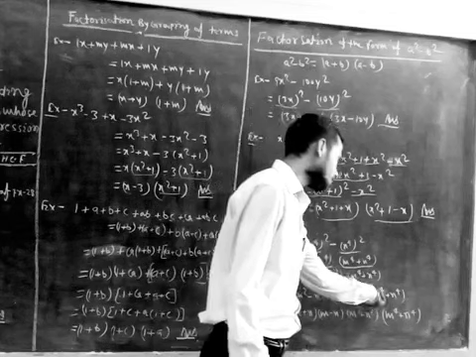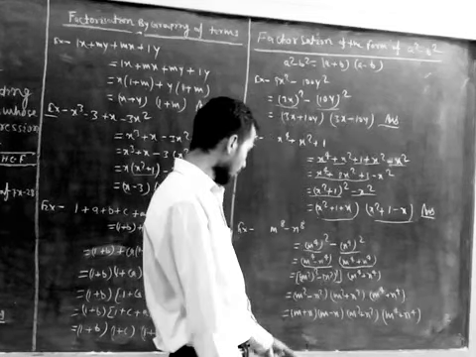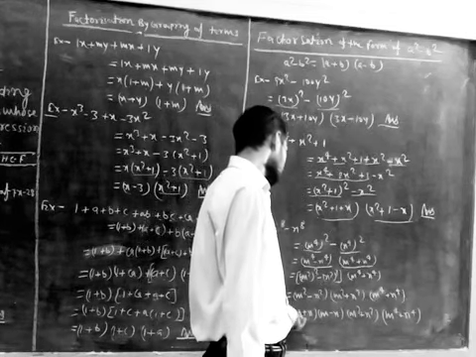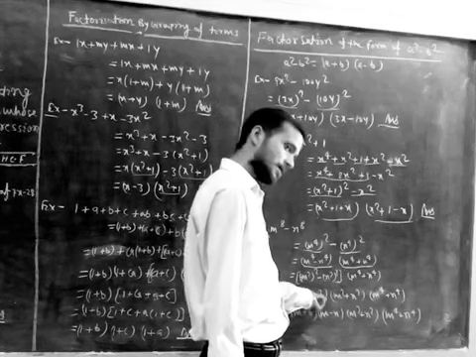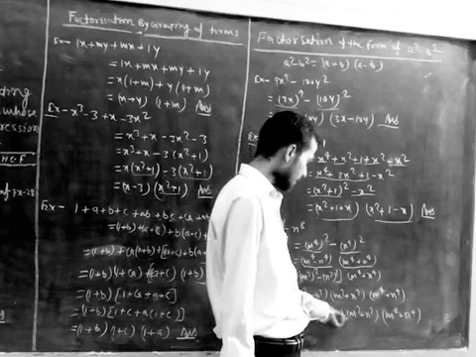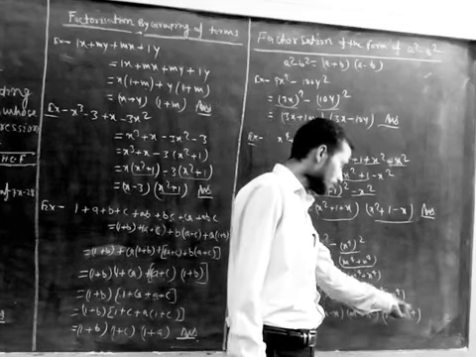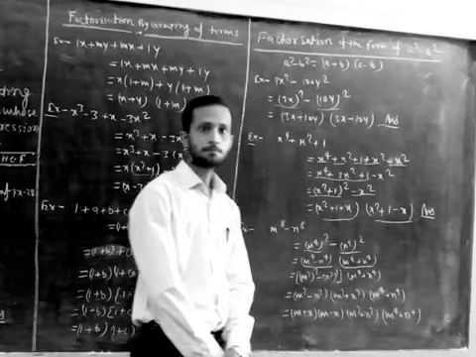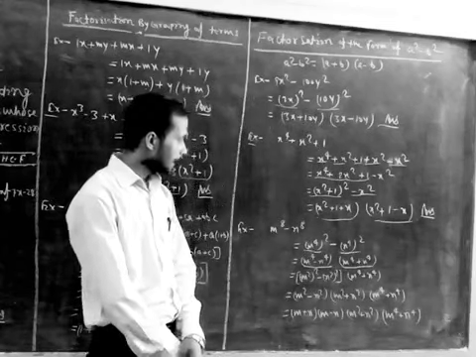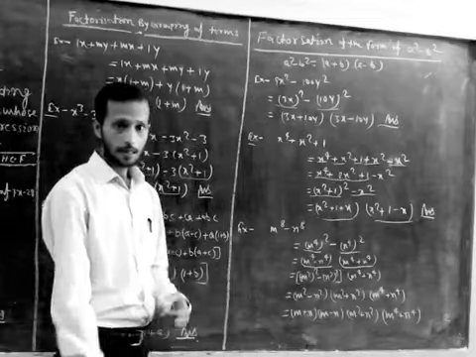And again (m to the power 4 minus n to the power 4)(m to the power 4 plus n to the power 4). Again a square minus b square: (m square minus n square)(m square plus n square), then (m plus n)(m minus n). This is the example.